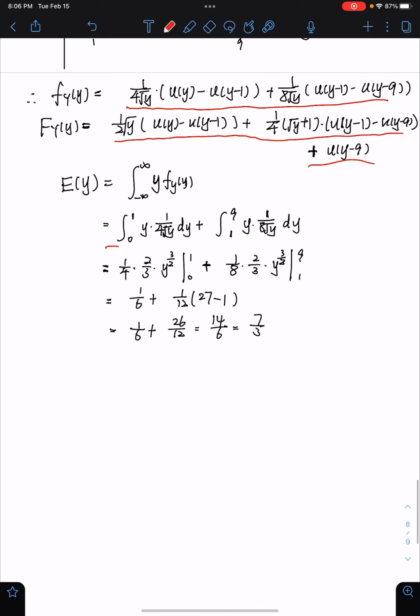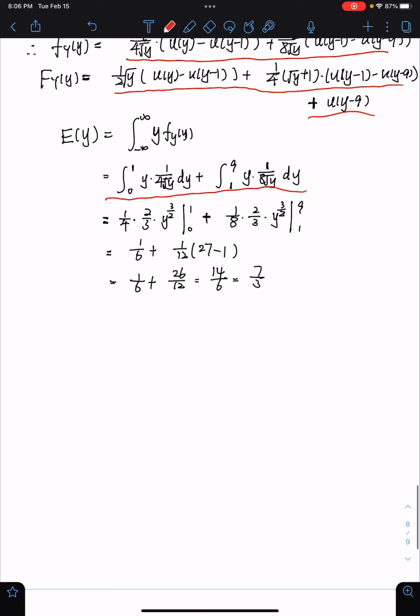We get 4 different integrals, and we can do some calculations on the result. At the result, we have E[Y] equals 7/3. That's all. Thank you.